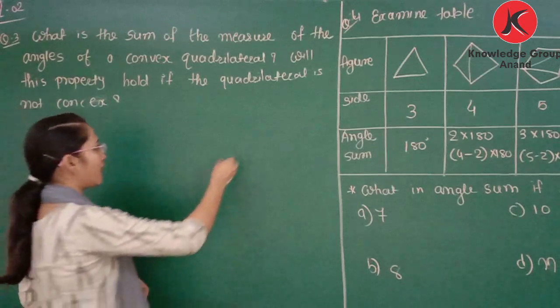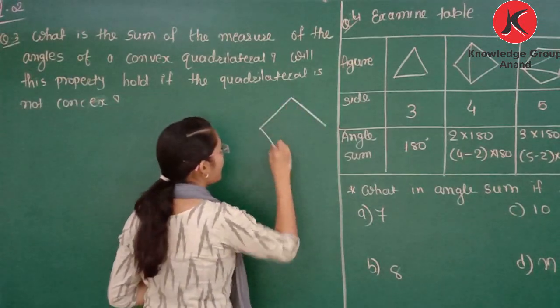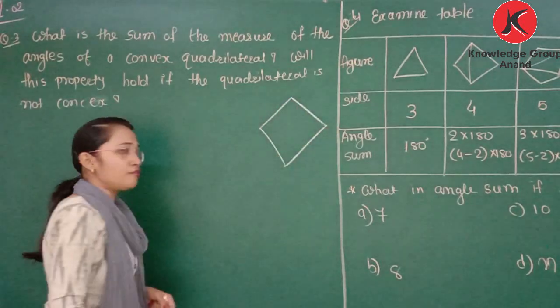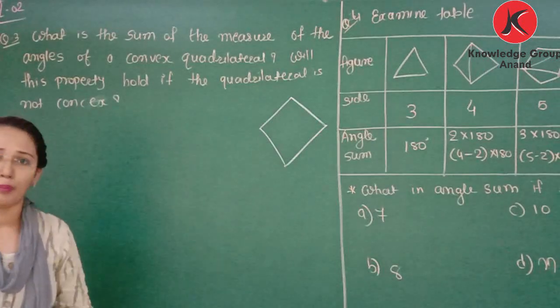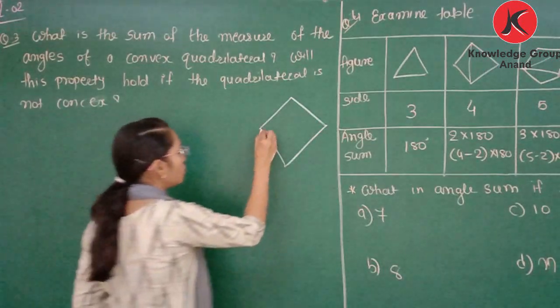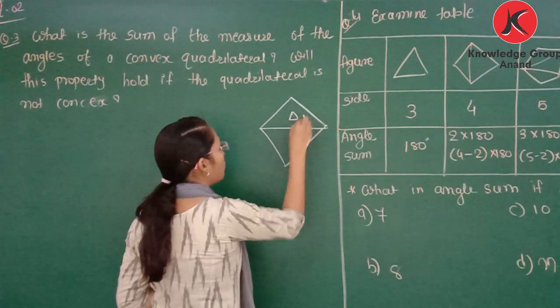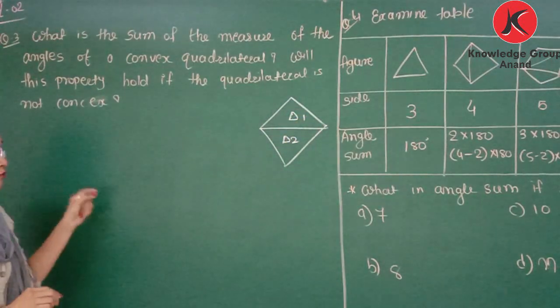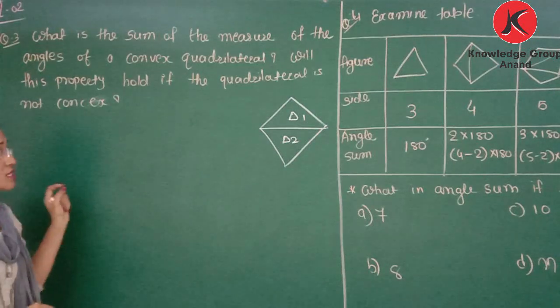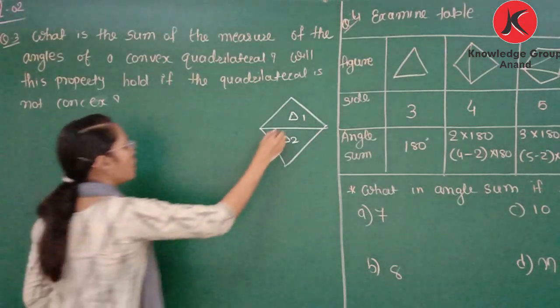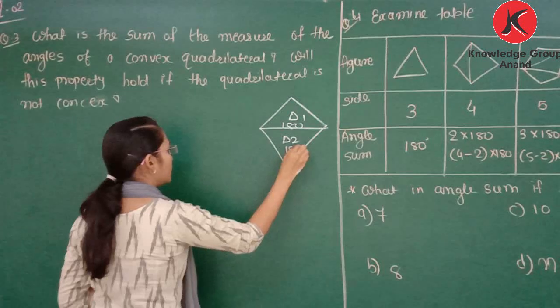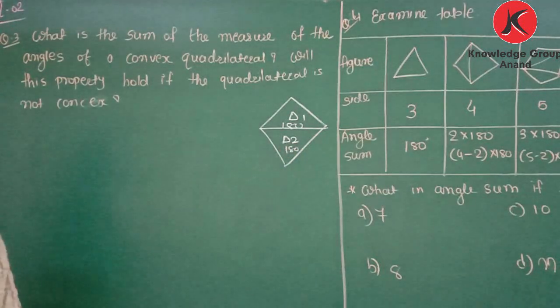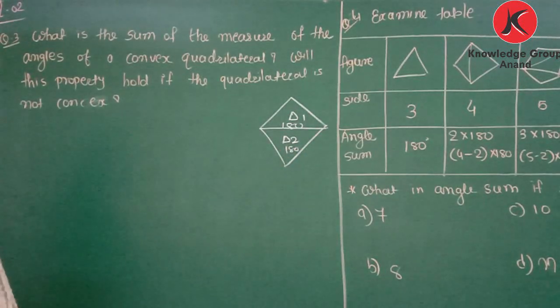કોઈ પણ quadrilateral આપ્યો હોય. For example, this is a quadrilateral and we want to find the angle sum property for this. What we have to do? We divide this into triangle 1 and triangle 2. Clear? So for quadrilateral, it is 180 and 180. So what will be the angle sum property for quadrilateral? It is 360.